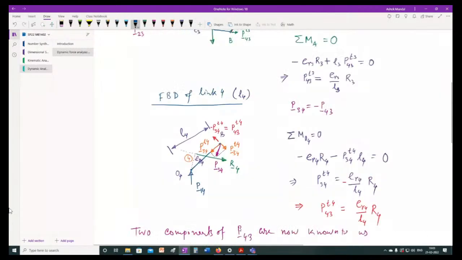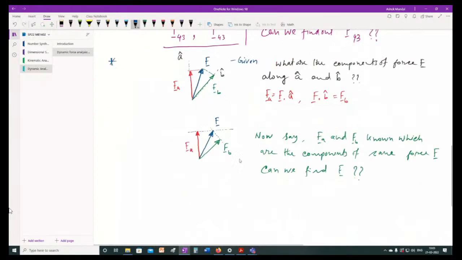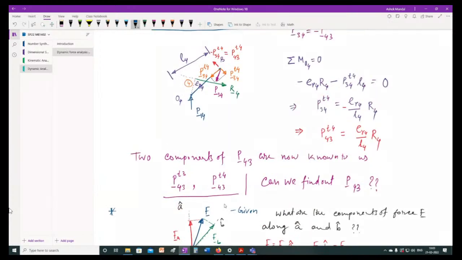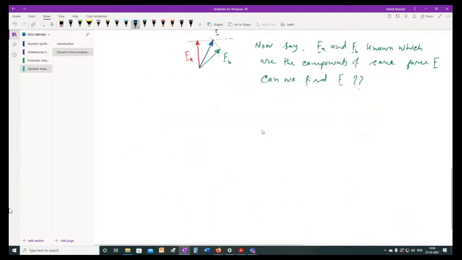So now we are convinced that if these two components of a force are known to us, we can find out the force. So first we will draw, say, this is P43. Let us draw it because the magnitude is known to us and the direction is perpendicular to link 4. That means this force is known to us. Let us first draw this.